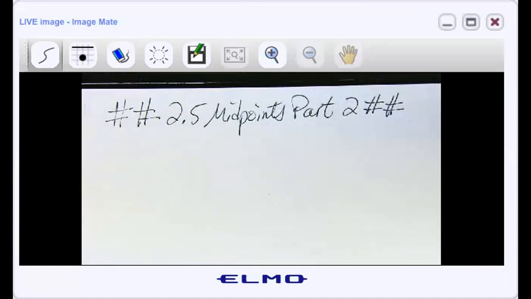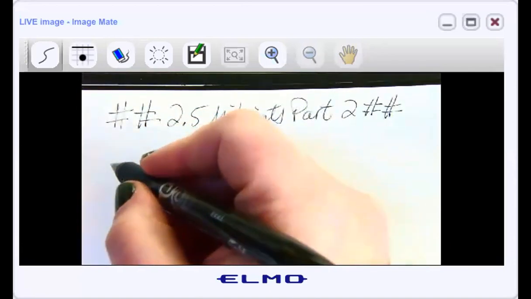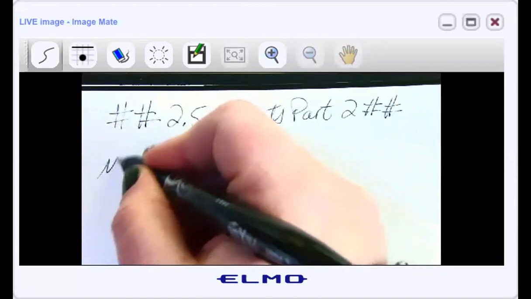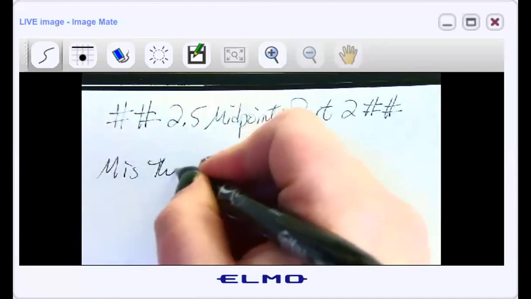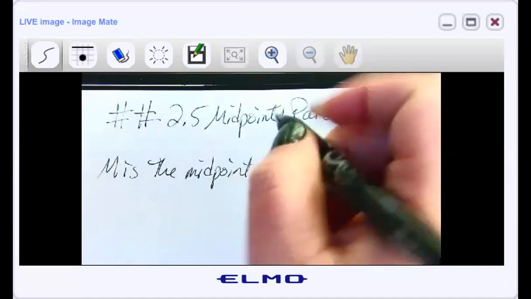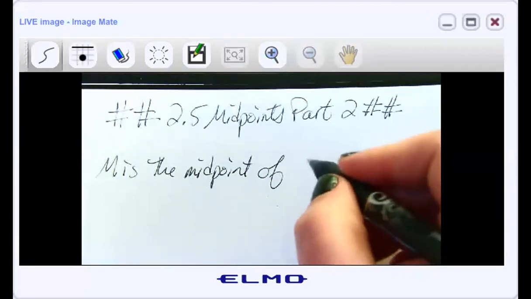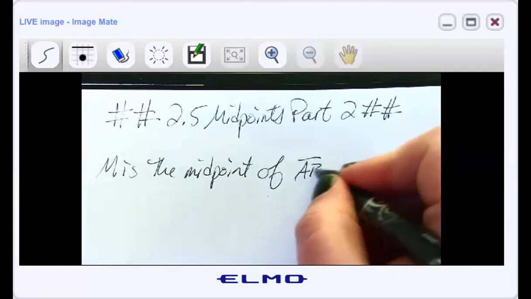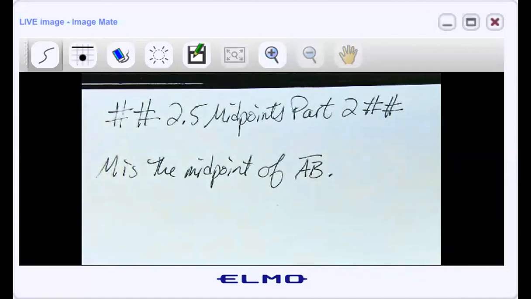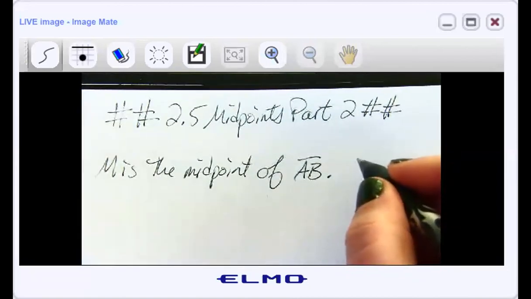So I'm going to start by asking you a question. Here's what's going on in this scenario. M is the midpoint of segment AB. All right, great. So I have some segment AB and M is the midpoint of it.